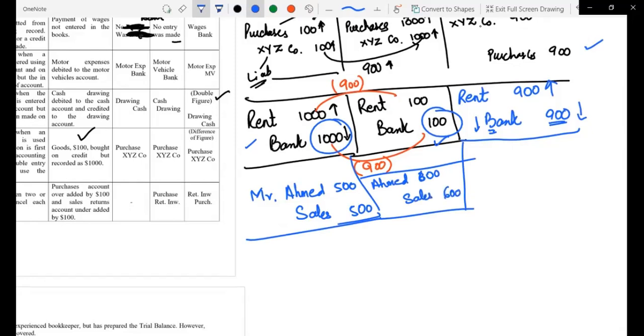What had happened here? Wait, beta, the amount was wrongly written. So this is an error of original entry. The amount was supposed to be 500, but by error we increased the amount. Sales was supposed to be increased by 500.